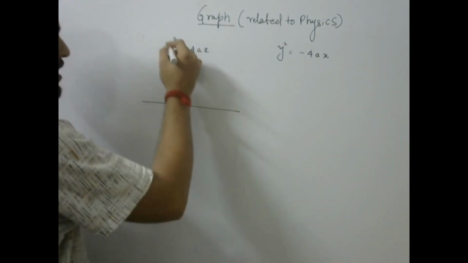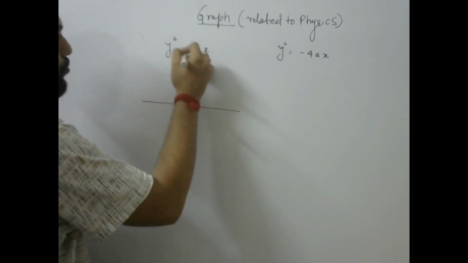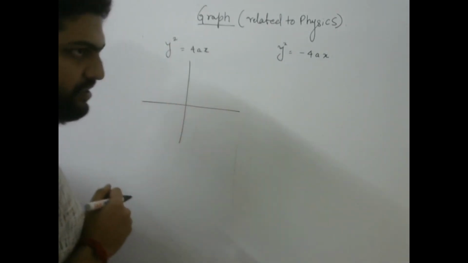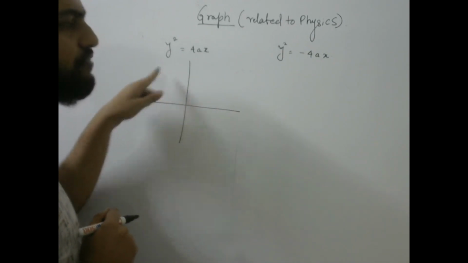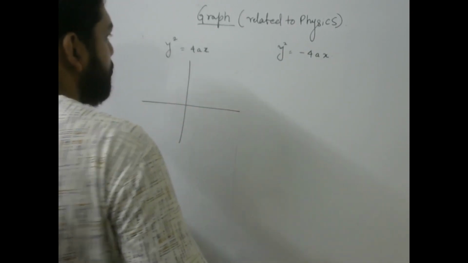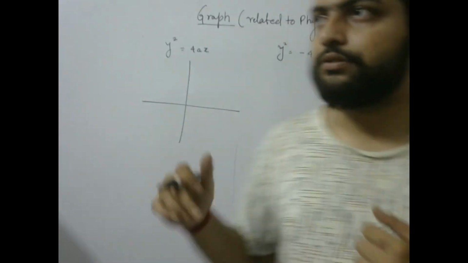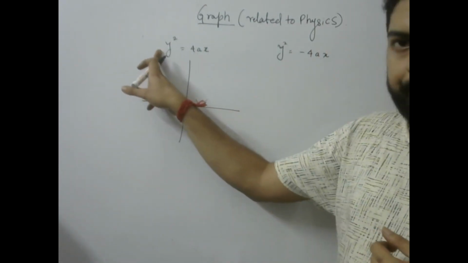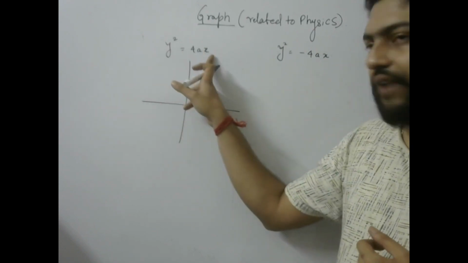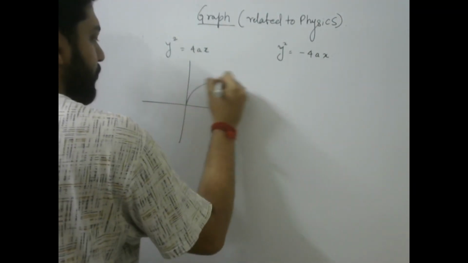If we have y is equal to root under 4ax, that means for a single value of x we could have two values of y. So for minus y we have a value of x, and for plus y we have another value of x. So this will look like this.